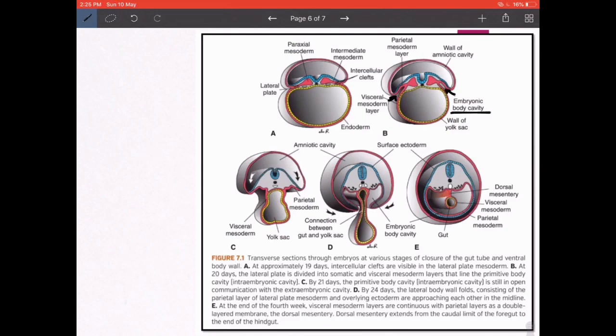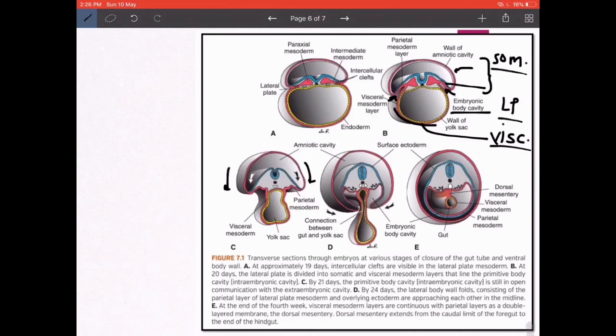It now divides the lateral plate mesoderm into the area that is in touch with the yolk sac, that is known as the splanchnopleuric or the visceral mesoderm, and the mesoderm that is in contact with the amniotic cavity and the surface ectoderm, which is going to form what is known as the somatic or somatopleuric, or you can also call it the parietal mesoderm. Okay, so this is the lateral folding. You can see it happening, correct?